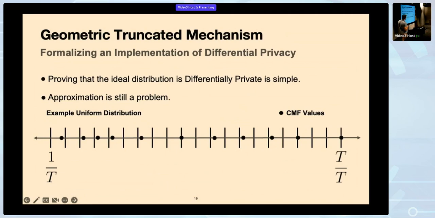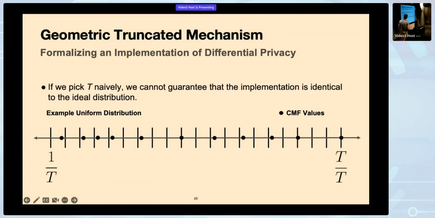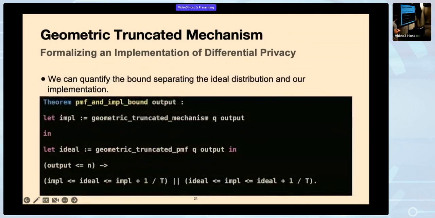But our approximation is still a problem. For this, we want to quantify a new privacy guarantee that this approximate implementation can uphold. The main issue here is that picking t naively leaves us in a place where we can't guarantee that our implementation is identical to our ideal distribution. Luckily, we can quantify the bound that separates our ideal distribution and our implementation.